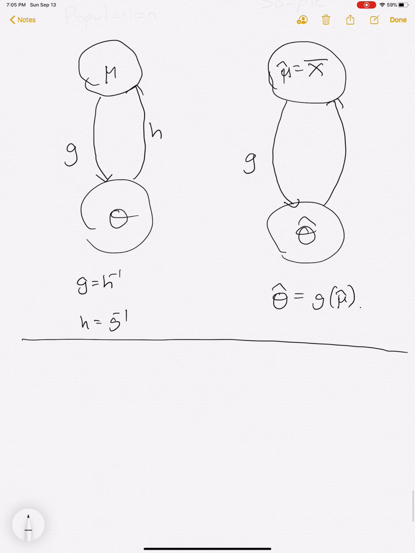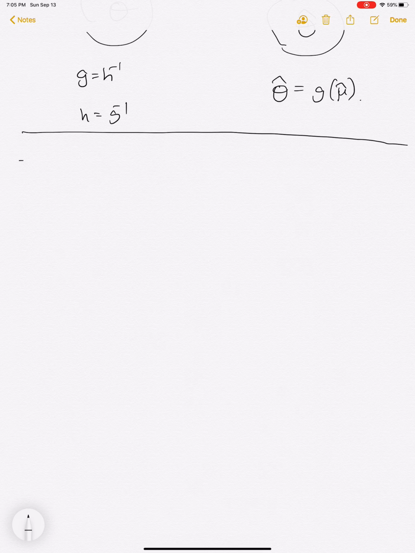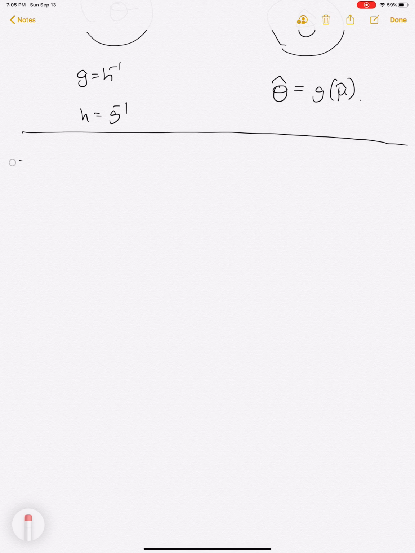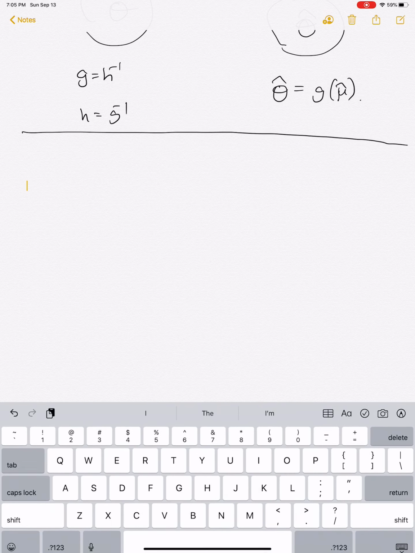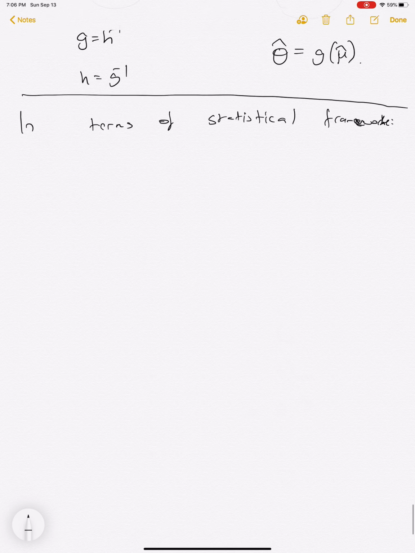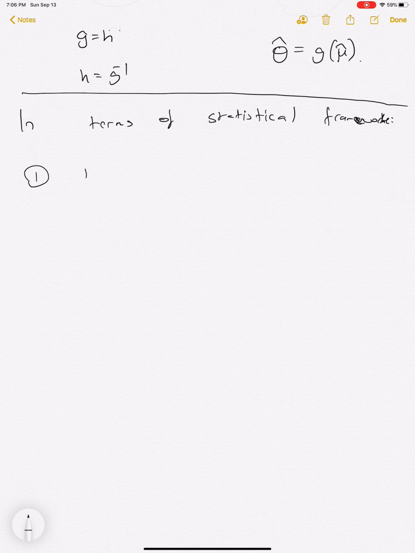Okay, so what have we learned in this? In terms of the statistical framework, we have our, I'm going to use the term sample data, x1, x2 up to xn.